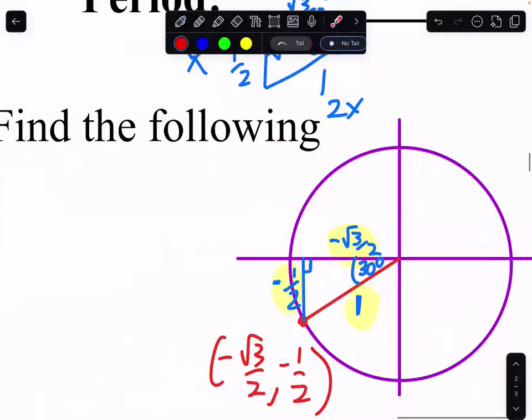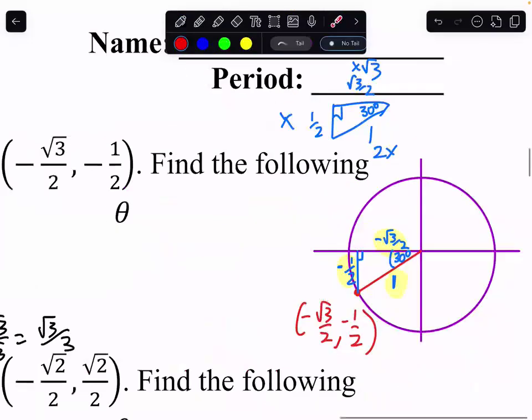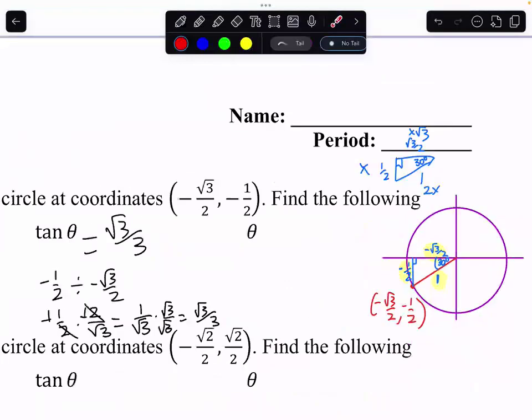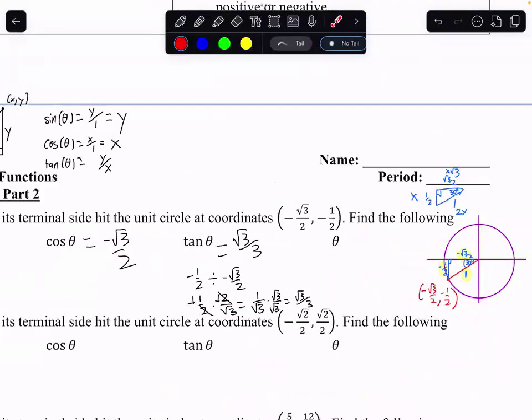So the reference angle is 30 degrees. Questions on how we figured that out? But the actual angle theta is not 30 degrees. Think about the problem again, reread the situation and see if you can tell me the actual angle theta.